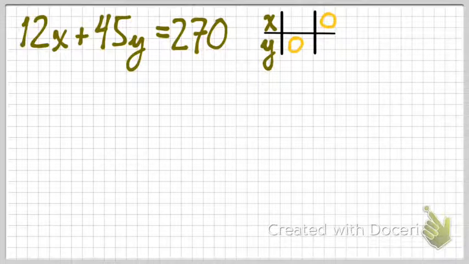Okay, so there's our table with y equals 0, x equals 0, and we're just going to find those two values, one for x and one for y, and we'll plot our points. Let's just try it now.